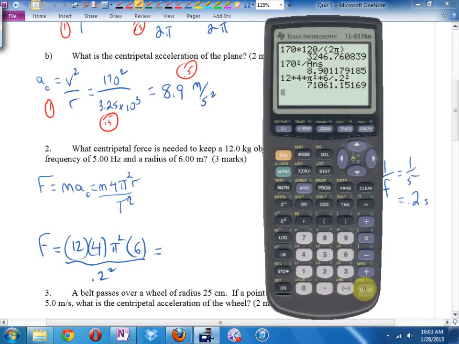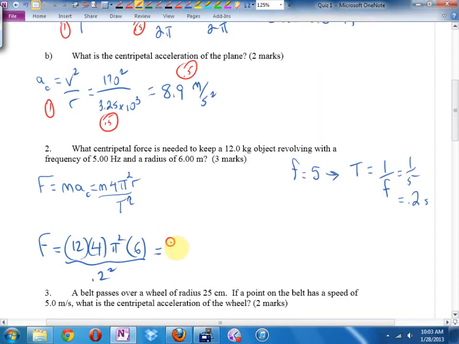And I get, holy smoke, 71,000 newtons. In terms of part marks, I'd probably give you a half mark if you found the period correctly. I'd probably give you 1 mark if I saw that, a half mark for that, and a half mark for the answer.